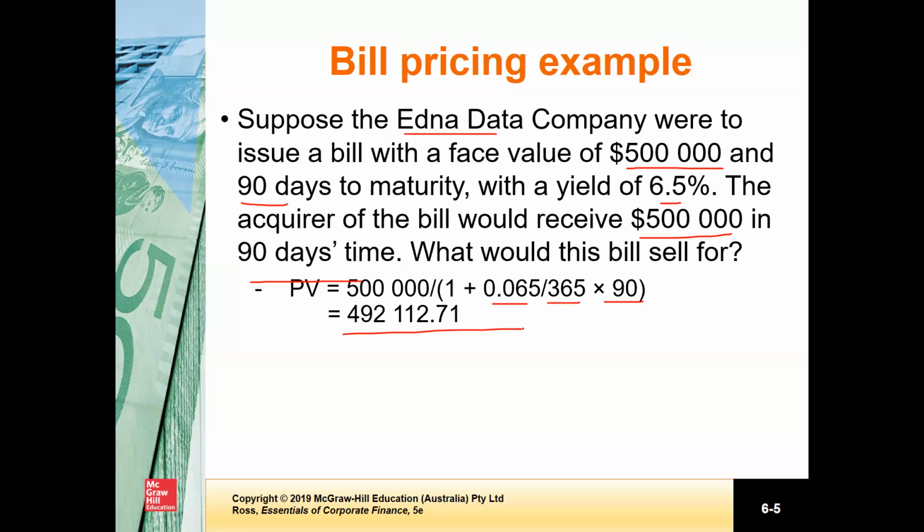Which means that at this moment, the bill should be sold at 492,112. That's the money an investor will be providing to buy this bill. So Aetna company receives this amount, but at maturity, 500,000 will be paid. The difference is the cost of funds for Aetna, whereas the difference is the rate of return or the interest for the investor or the acquirer of the bill.